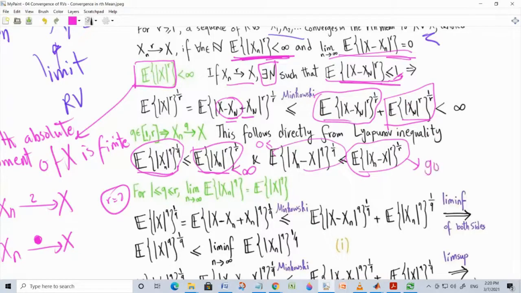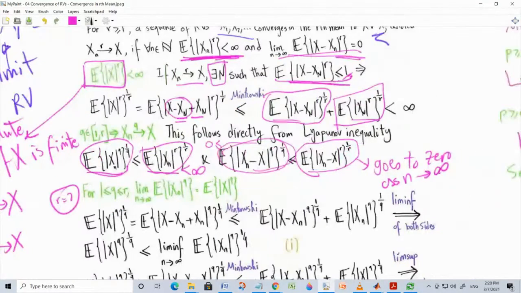So the upper bound goes to 0 as n goes to infinity. So it must be the case that this guy will also go to 0 as n goes to infinity. And so we have convergence in the qth mean such that Q is between 1 and R.